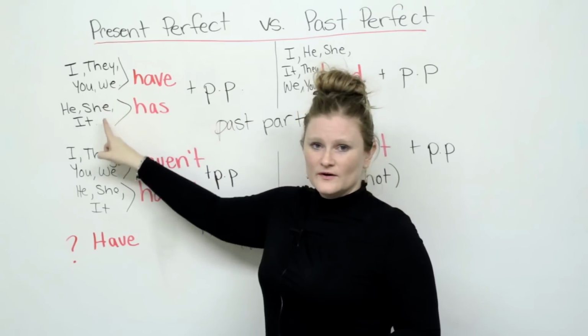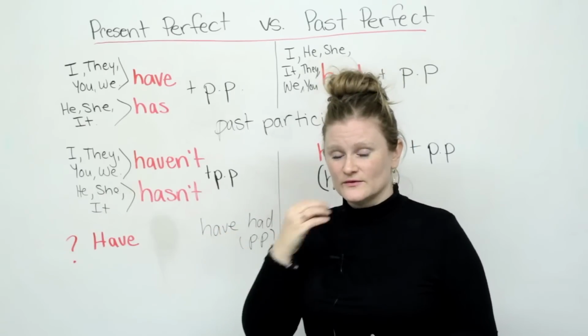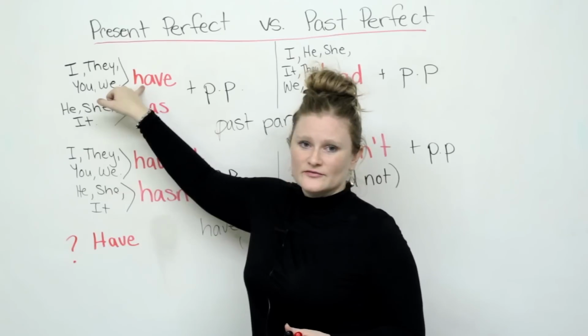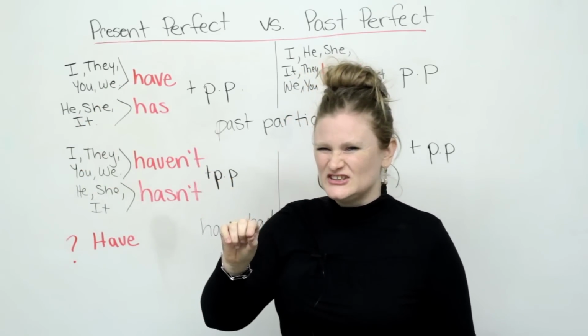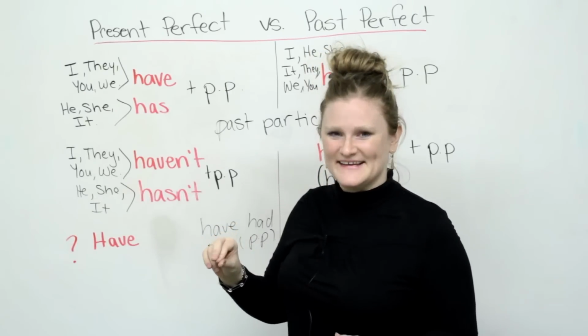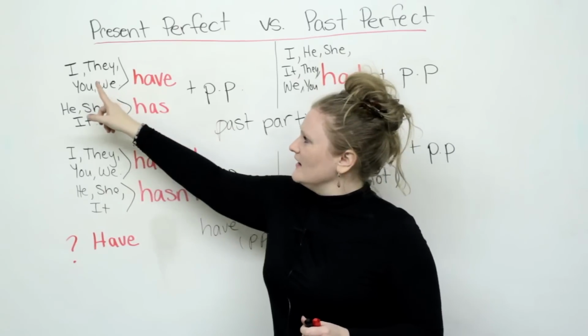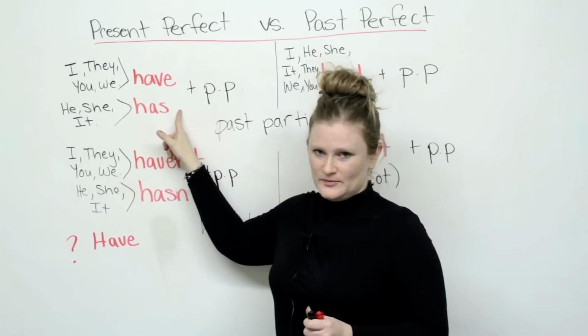This is the number one mistake that students make when they're writing or speaking. A lot of people say, she have, which is wrong. You have to be careful. You can remember he, she, it is has. I, they, you, and we is have, plus the past participle.